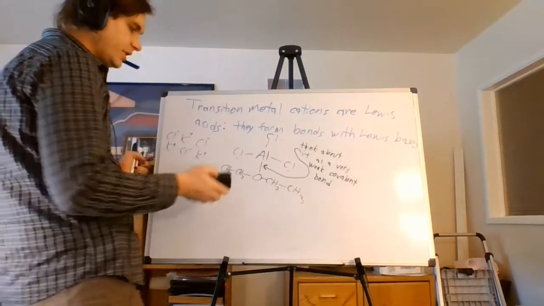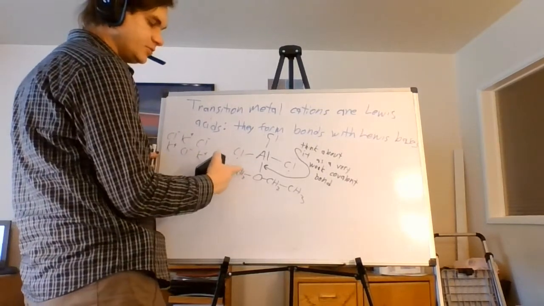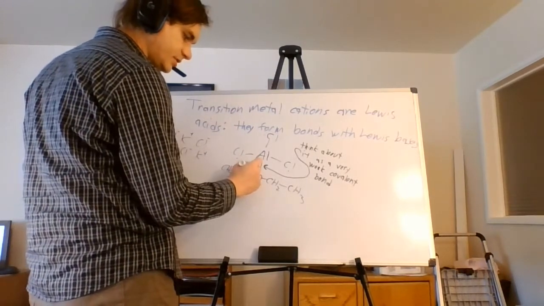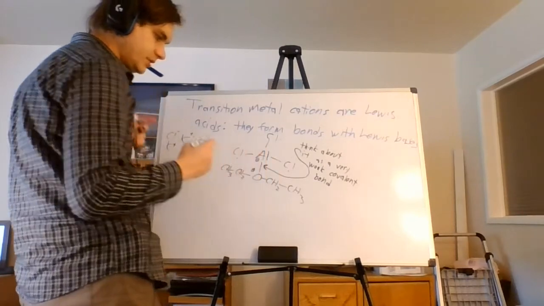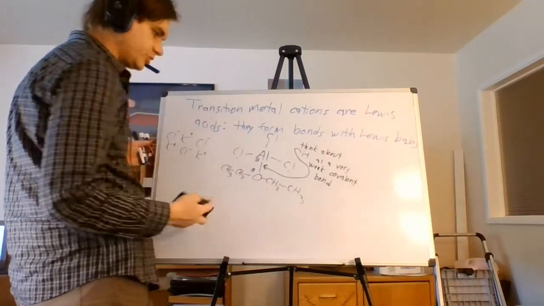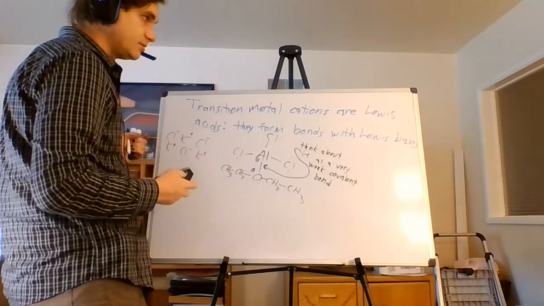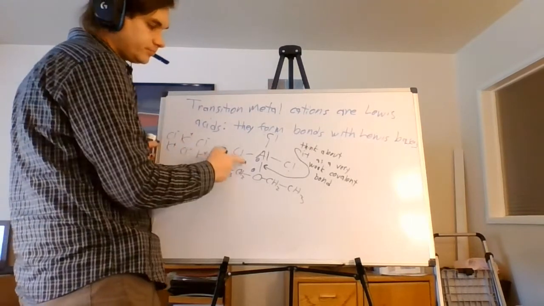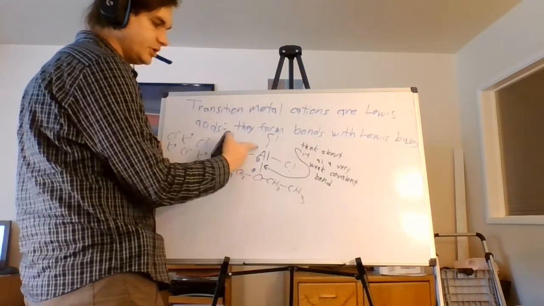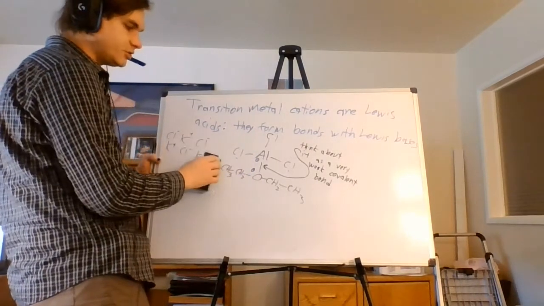And now this is a situation where we have, actually this would be positively charged, negatively charged, and those formal charges also make it a lot weaker. But the thing is, this is between the oxygen and the aluminum when the aluminum starts out as neutral.